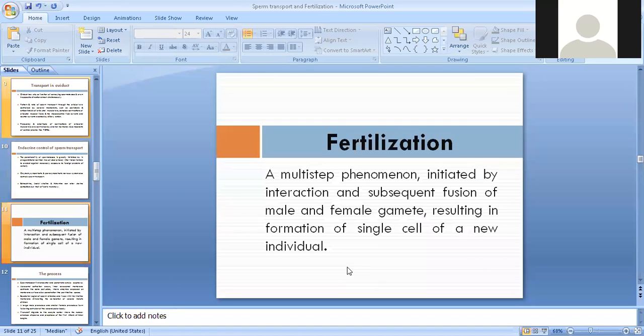So once these spermatozoa are transported through the uterus towards the oviduct and reach near the ovum, the process of fertilization occurs.